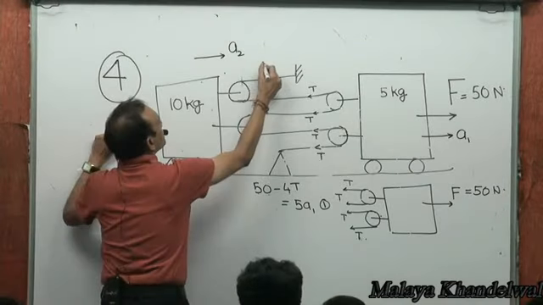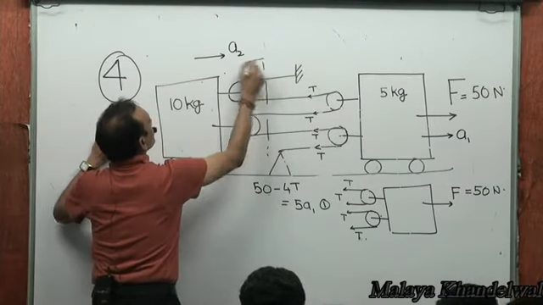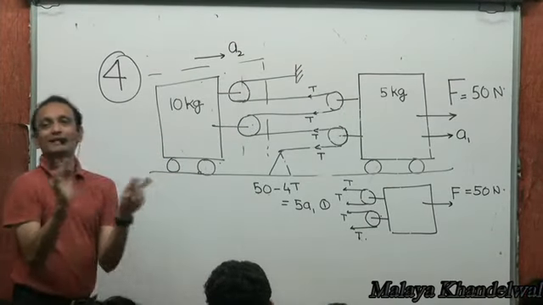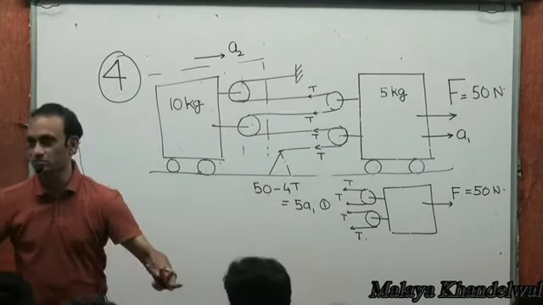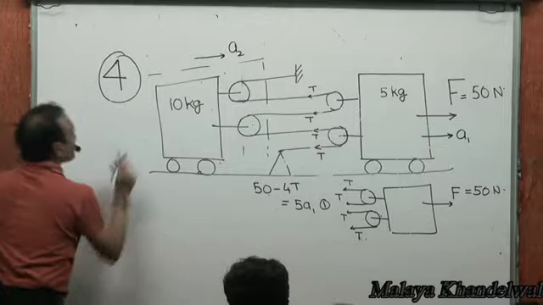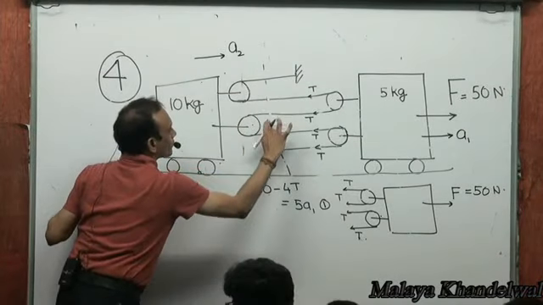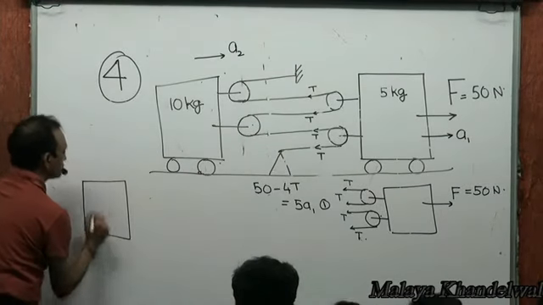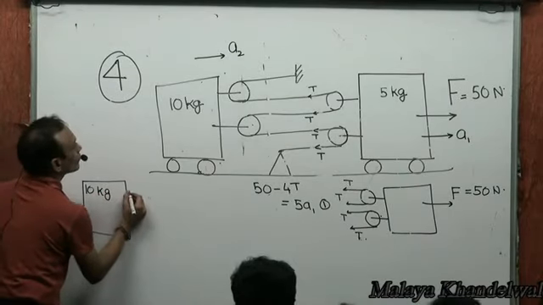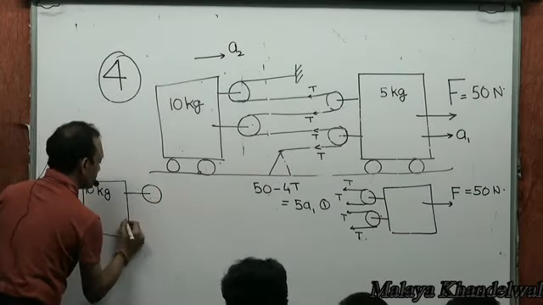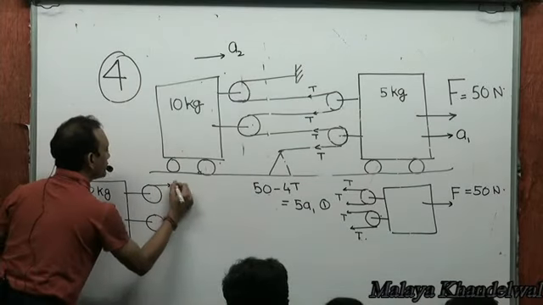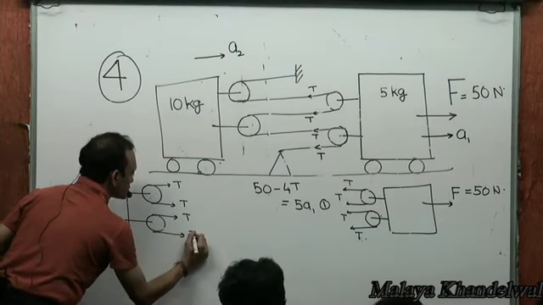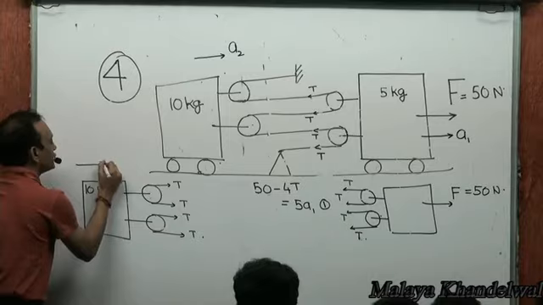Now, if I look at this mass along with these two pulleys, these pulleys are integral with this mass, might as well have those pulleys stay connected to the mass, right? In which case, the 10 kg block, this pulley, T like this, T like this, T like this, T like this, and causing it to have an acceleration A2 to the right.